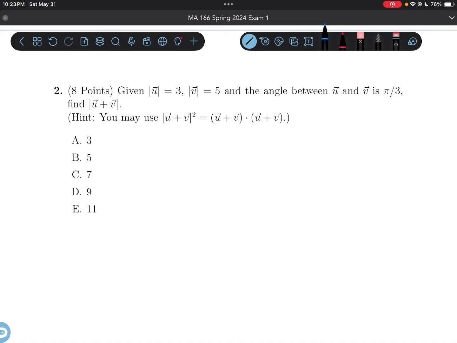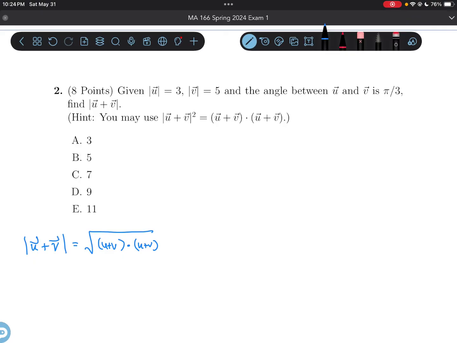Okay, so let's start from the hint. The hint essentially tells us that the answer we want to find, the magnitude of u plus v, is equal to the square root of the dot product, u plus v dot u plus v. The formula for dot product, there are two formulas that we can use.